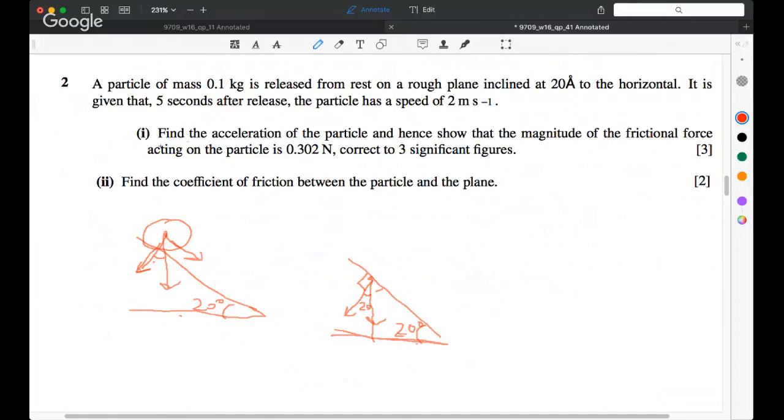So we know that the force normal to the ground is just mg cos 20. And this is true in any kind of situation. All we need to change is the angle. So this is sometimes what we call the normal force.